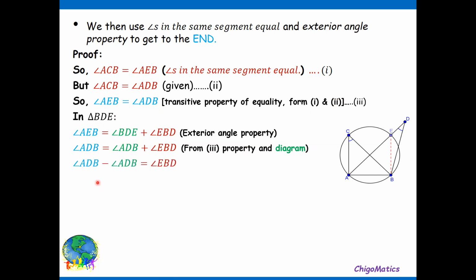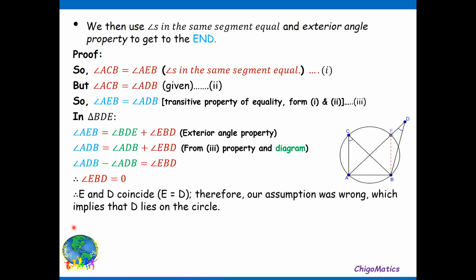Having done that, if I take this to the other side, it subtracts, and I remain with this on the right-hand side, and this reduces to 0. So angle EBD is equal to 0. What is the angle EBD? EBD is 0. That means this angle is not there. If it is not there, then this arm or leg is not there. That means D will coincide with E, right?